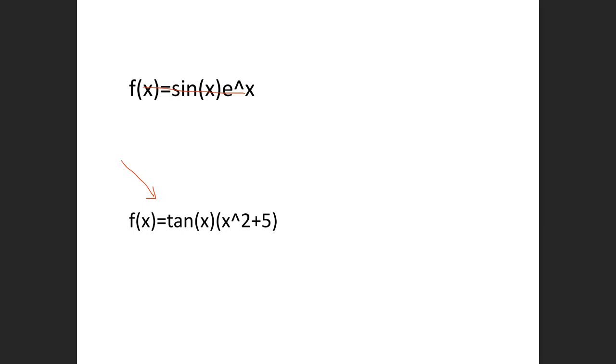First of all, what is the derivative of tangent of x? Does anybody remember that? Secant squared of x. Awesome.